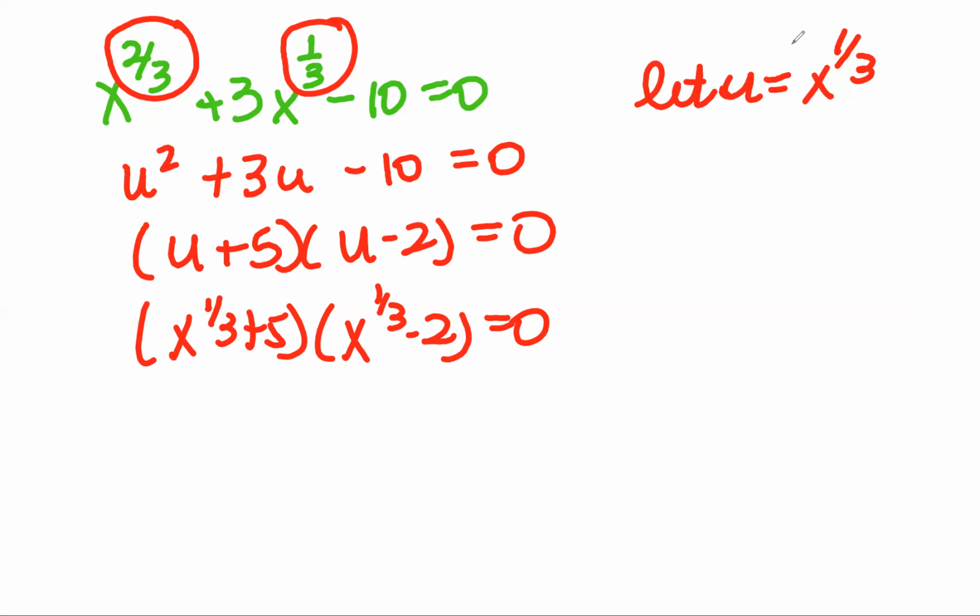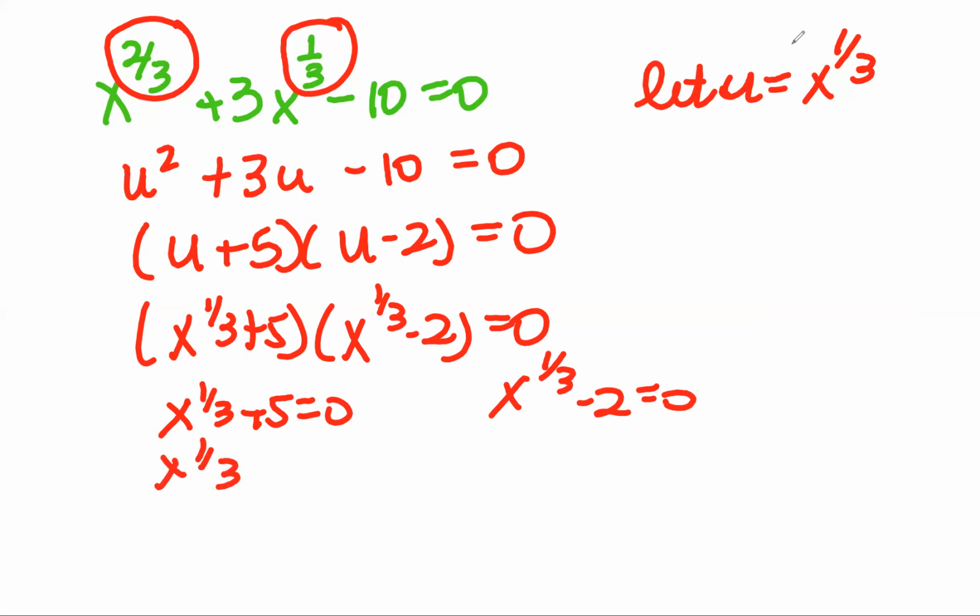Set each part equals 0. x to the 1/3 plus 5 equals 0. x to the 1/3 minus 2 equals 0. Move over the 5. Get rid of the 1/3 by taking it to the third power. So x is equal to negative 125.